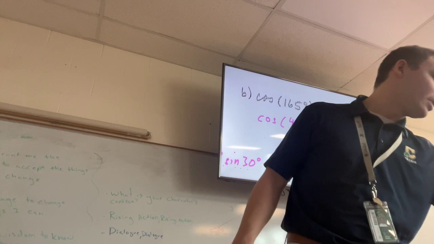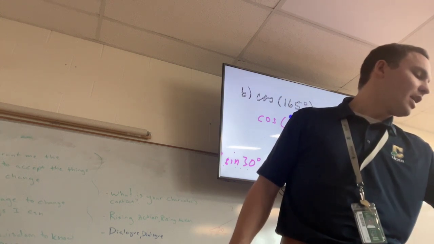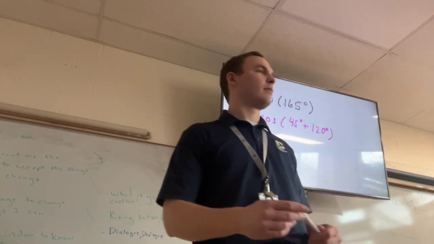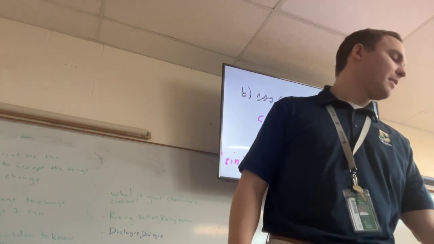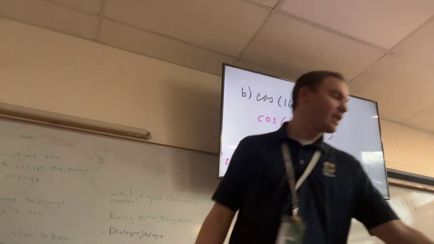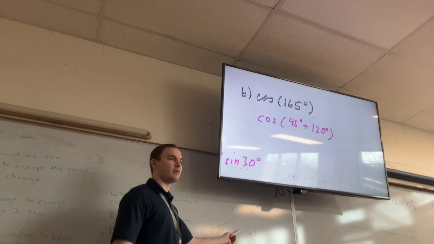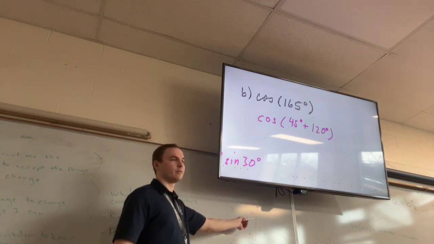So I needed to rewrite 165 as the sum of two angles whose cosines I do know how to find. 45, right? So my 45 degree angle is on this special right triangle. 120 is not on this special right triangle, but we can find it using 60 as a reference angle.